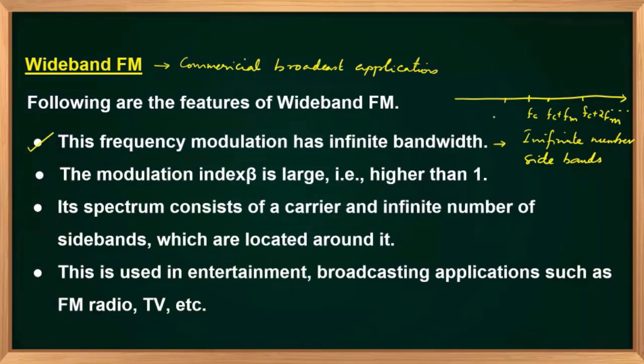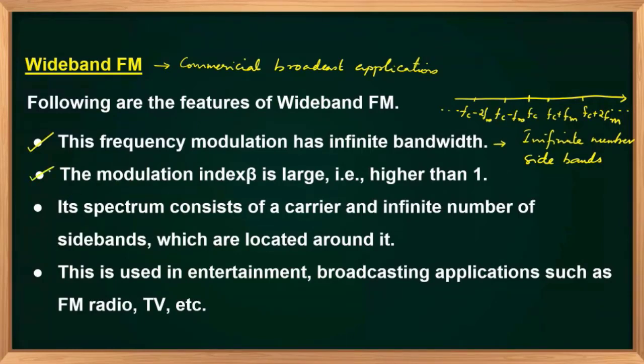Similarly, there will be lower sidebands like FC minus FM, FC minus 2 FM, etc. So in wideband FM, there will be an infinite number of sidebands. So the bandwidth of wideband FM is ideally infinity. Practically, we'll use a formula for calculating the bandwidth of wideband FM.